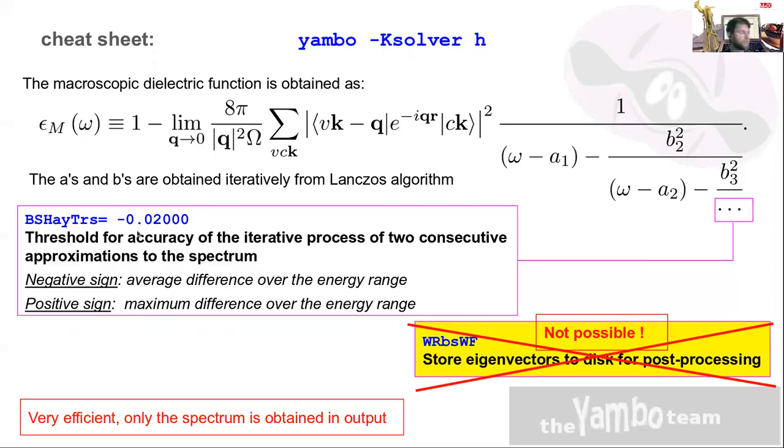And then if you set it positive, you will get a check on the accuracy at every frequency. This is very efficient, as I said, in particular compared to the diagonalization solver, but you just get the spectrum. You don't have any information about the wave function, and so you cannot store them to disk and later analyze them.